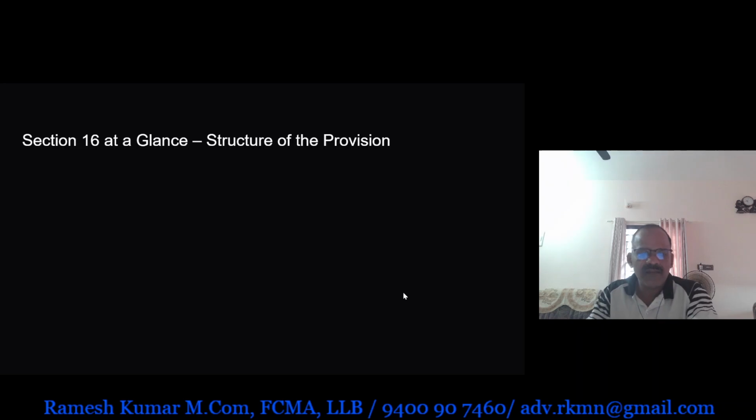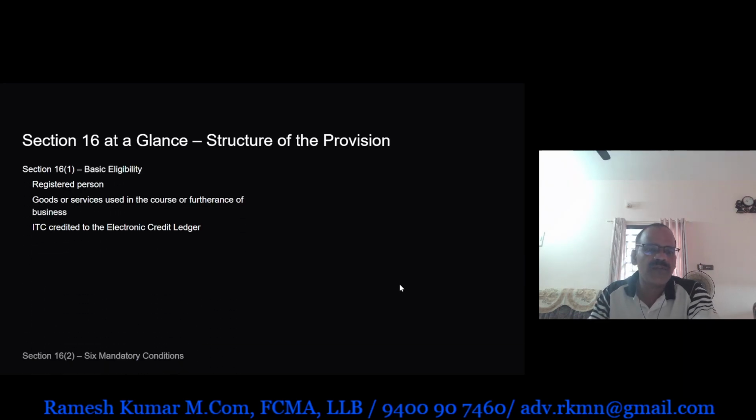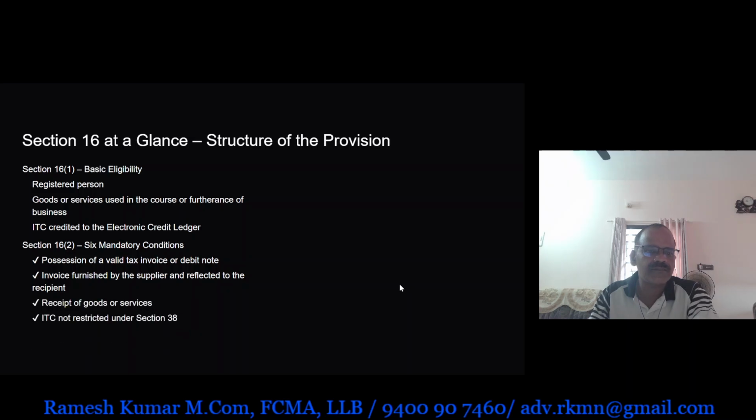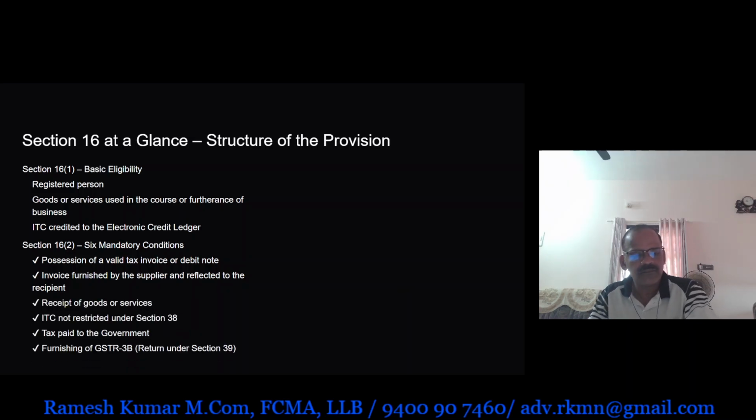Now let us understand the structure of section 16. That is very important for a better understanding of the scheme of ITC. Section 16 has 4 important parts. Section 16 subsection 1 grants the basic eligibility to claim ITC, whether the concerned taxpayer is eligible to claim ITC or not.